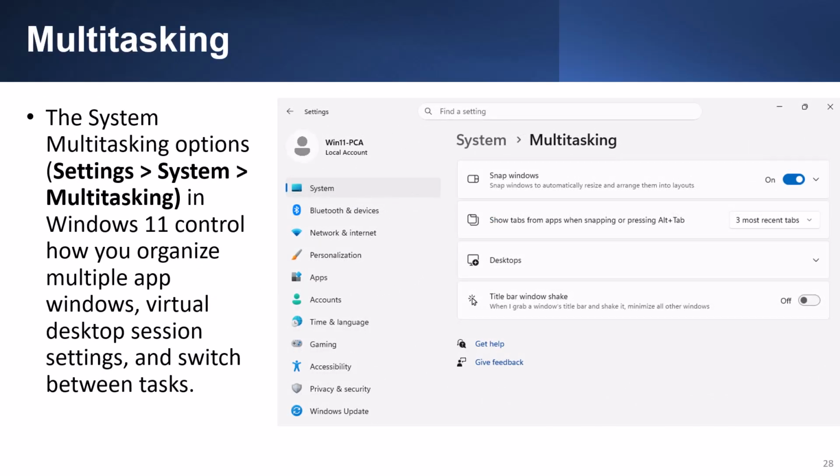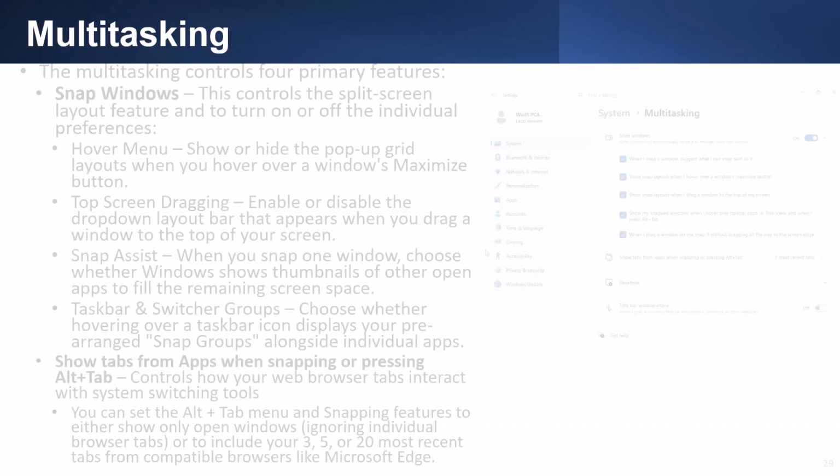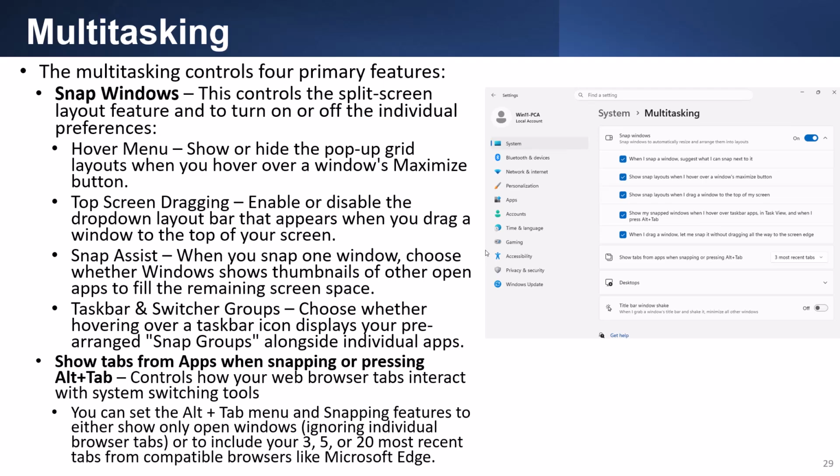The System Multitasking options, Settings, System, Multitasking, in Windows 11 control how you organize multiple app windows and virtual desktop settings, and switch between tasks. The multitasking controls 4 primary features. Snap windows controls the split screen layout features and lets you turn the individual preferences on or off.